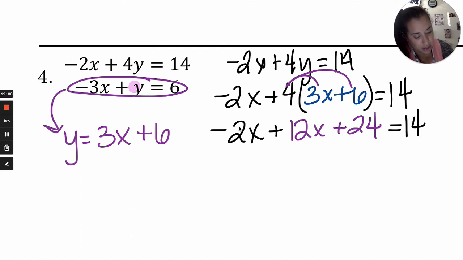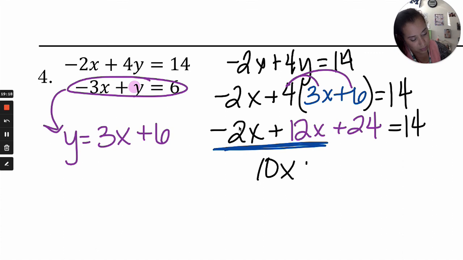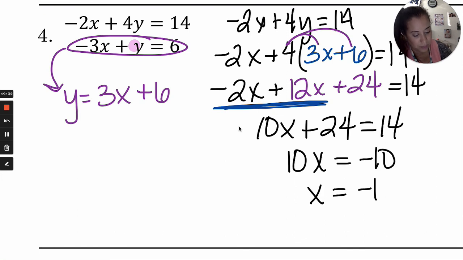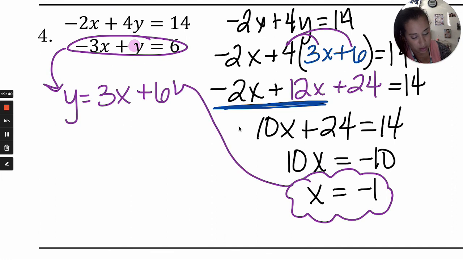Equals 14. So we combine like terms, so there's our 2 that have the like terms, so negative 2x plus 12x gives me 10x plus 24 equals 14. So 10x equals negative 10, so x equals negative 1. We know what x is, so we plug it in so we can solve for y.